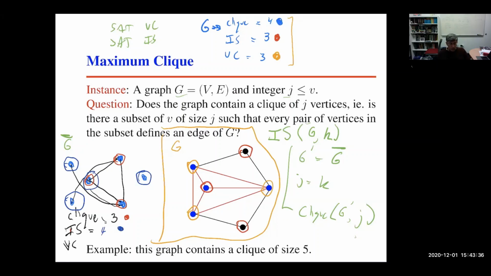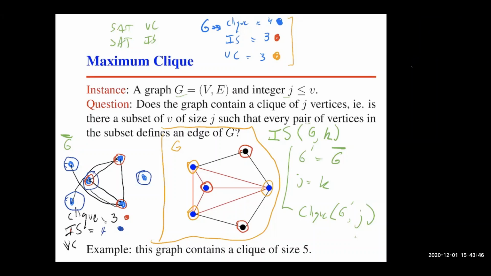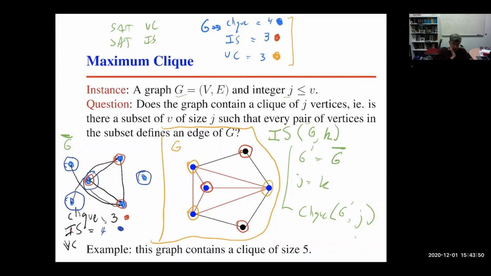What is the size of the largest vertex cover in this complement? Okay. 2. The vertex cover is anything that's not in the independent set. The claim here is that the size of the smallest vertex cover here is 2.